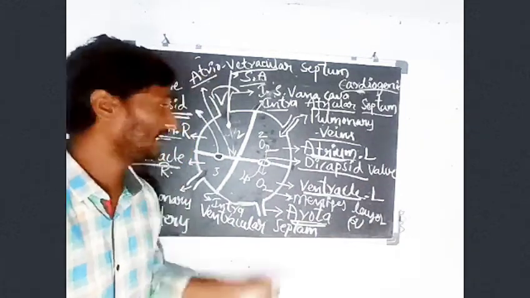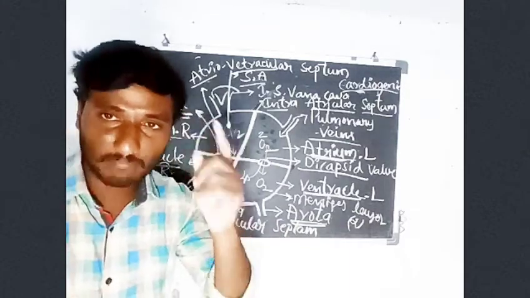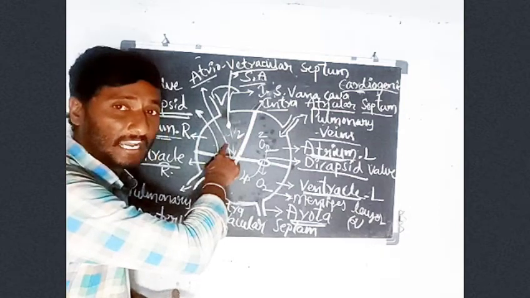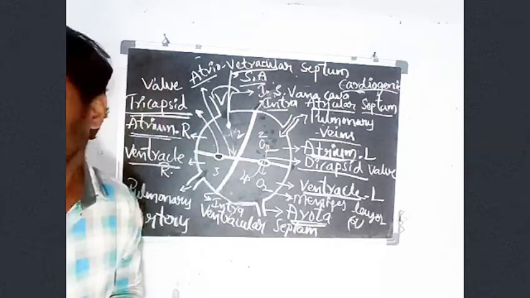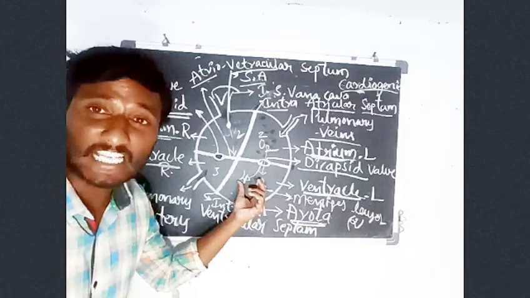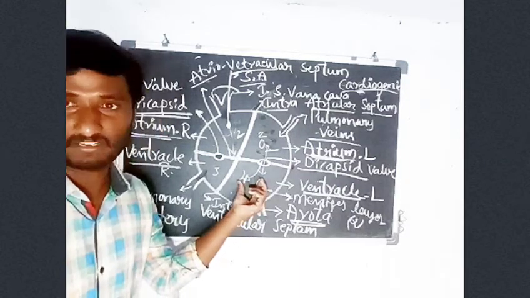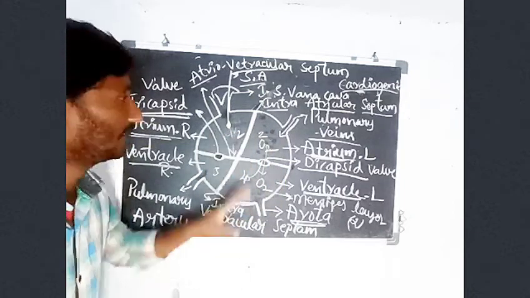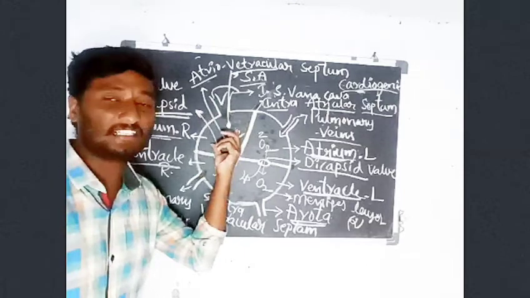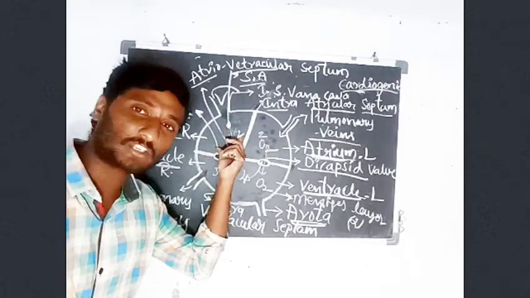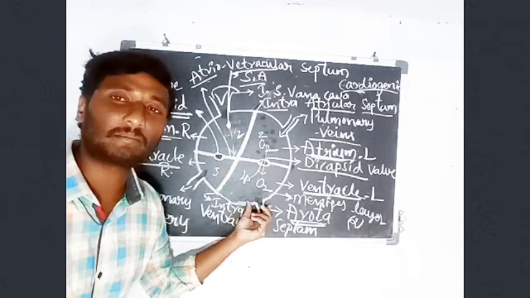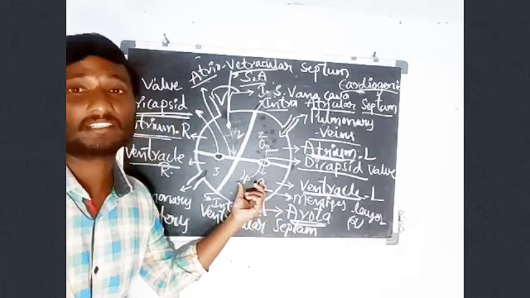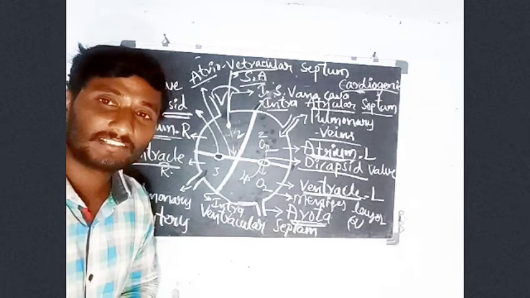Okay? Just think and imagine: the deoxygenated blood receiving chamber is bigger, and the supplying chamber is also bigger. When we compare the total heart structure, the deoxygenated blood receiving chamber is big and the oxygenated pumping chamber is also big. What is the reason?